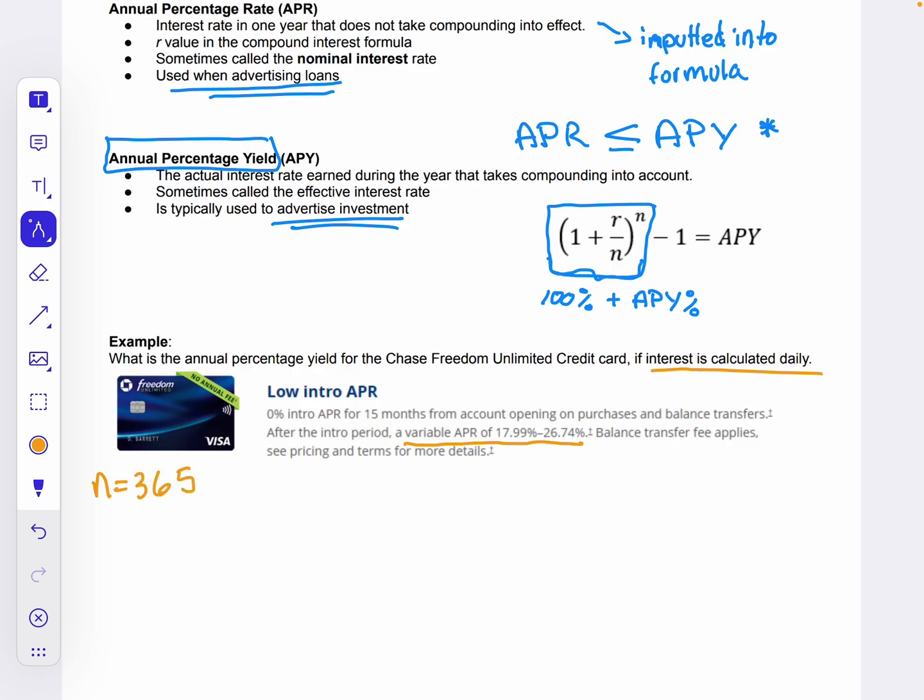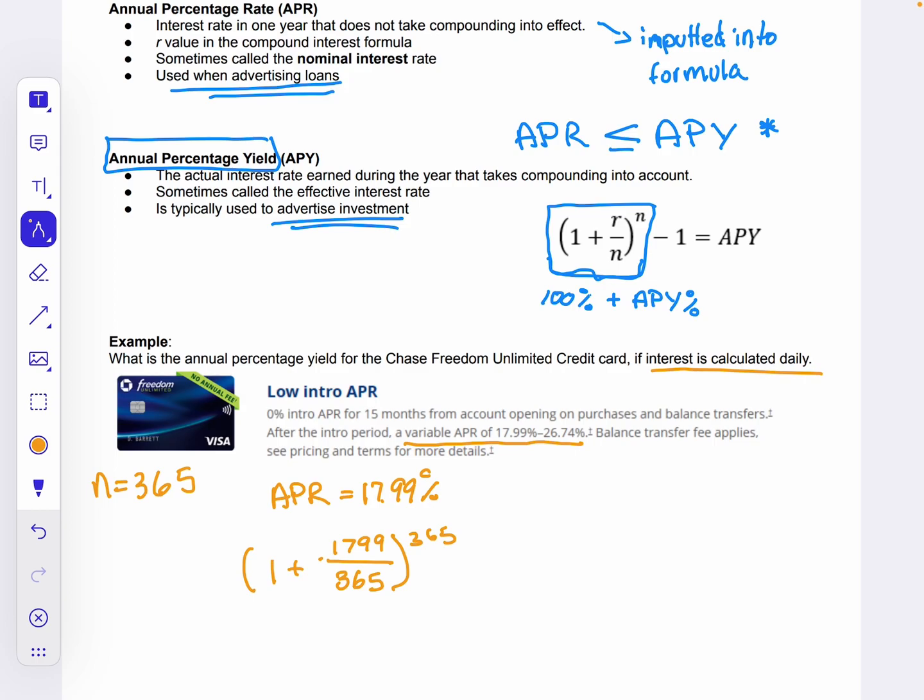All right, so for that lower end one, that APR of 17.99%. So using my APY formula, I would have 1 plus, and I turn my percent into a decimal, over that 365, and we're going to raise it to the 365 power.